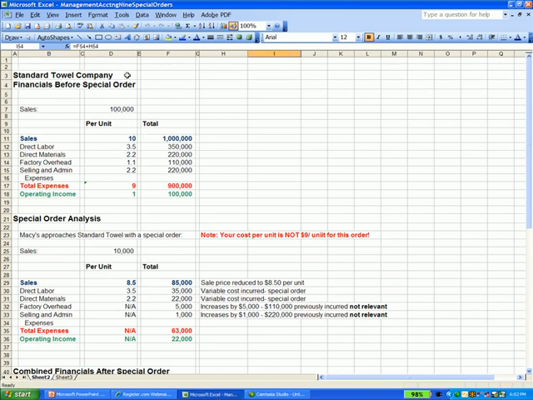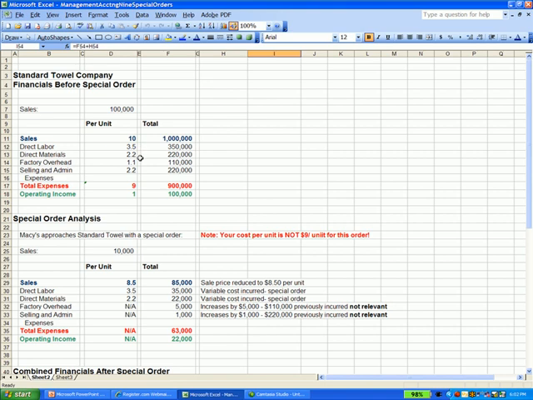Standard Towel Company manufactures premium towels, and this is their financials normally before they get a special order. They make 100,000 towels. We have per unit cost in one column and the dollar totals in the other. So their sales, $10 a unit. They have direct labor costs to manufacture towels, $3.50 a unit.